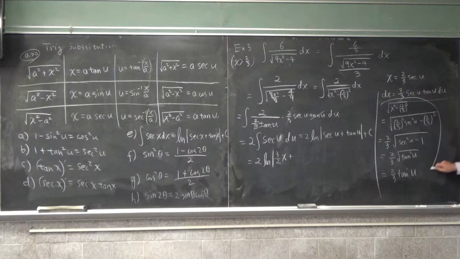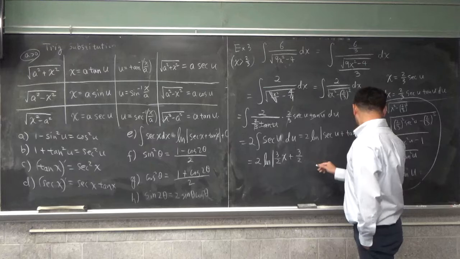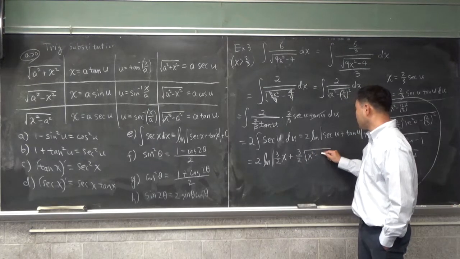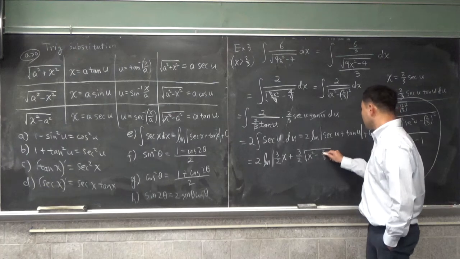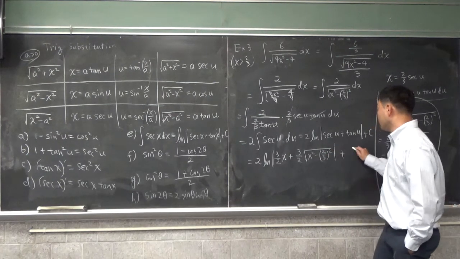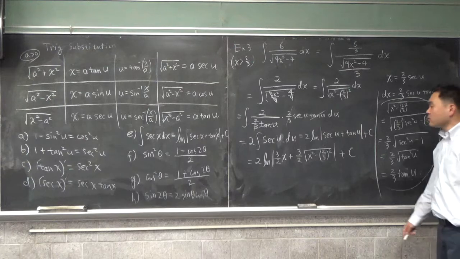This one here, right? Tangent of u times 2/3 is this one. So if you solve for tangent of u, it's 3 over 2 of square root of x squared minus 2/3 squared plus c.